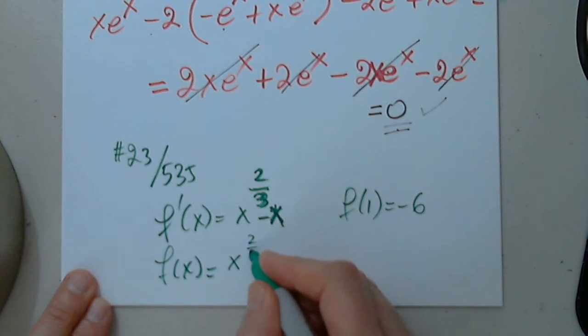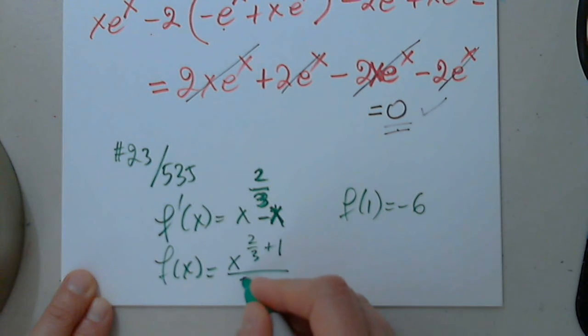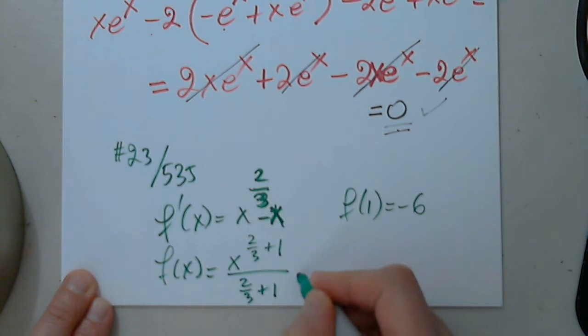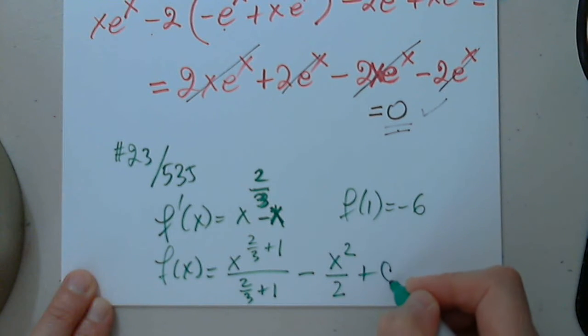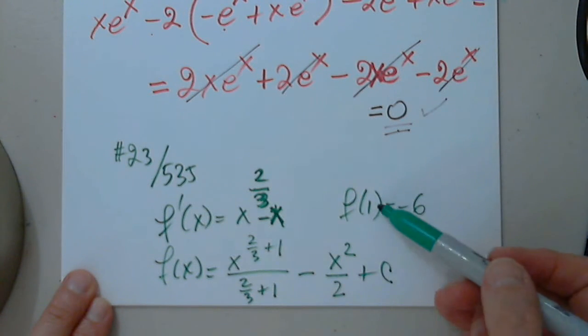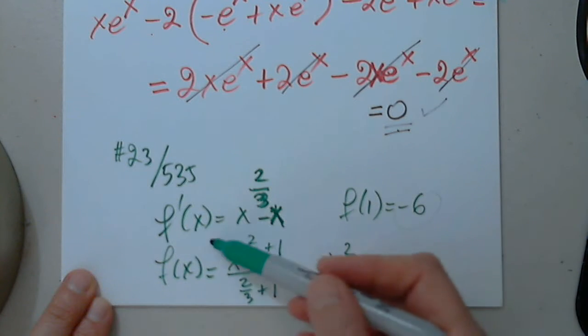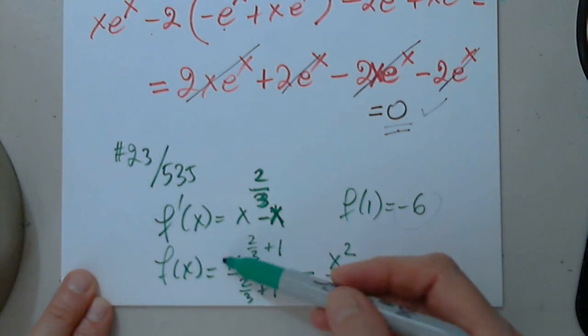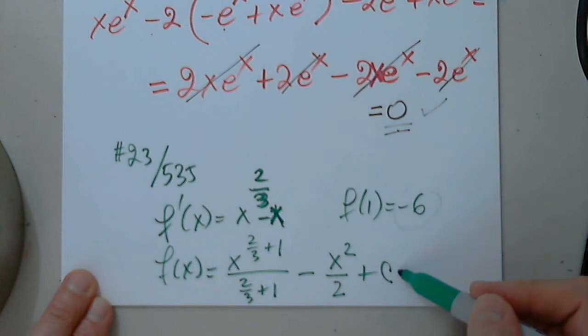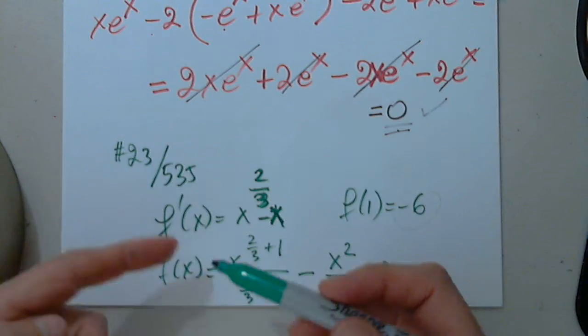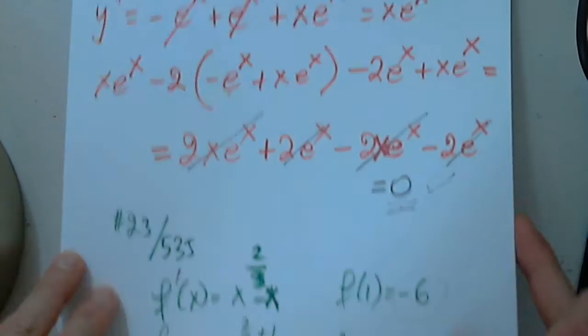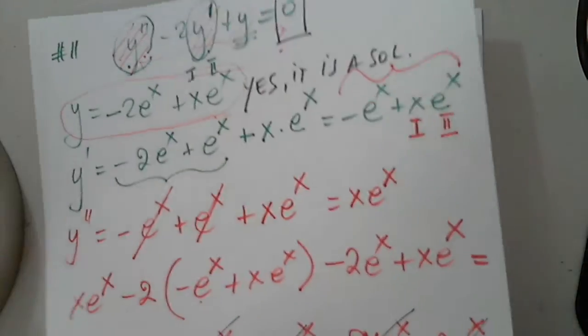X to 2/3 plus 1 over 2/3 plus 1, minus x squared over 2, plus a constant c. I will plug in 1 everywhere and get -6, and determine the constant. But I'll clean it up a little bit because 2/3 plus 1 is 5/3 and I have to flip 5/3 into 3/5.